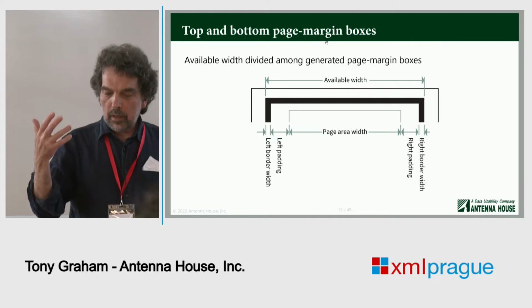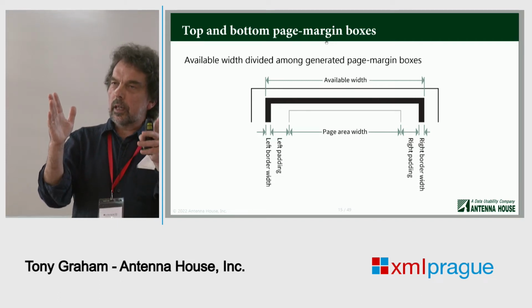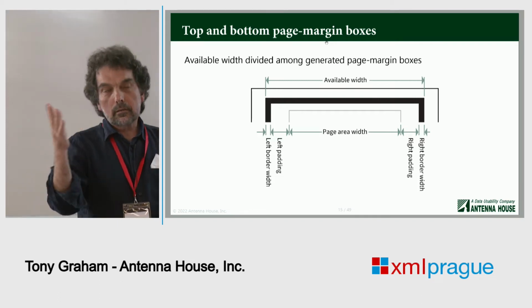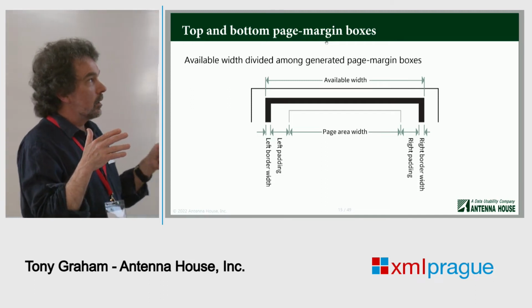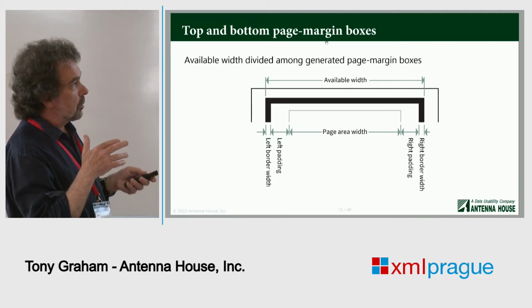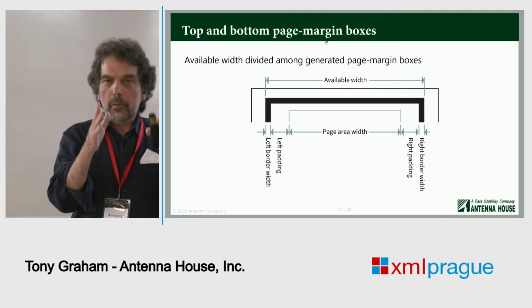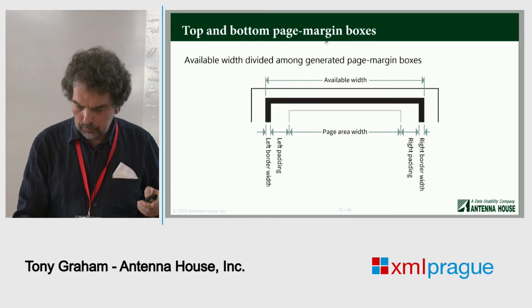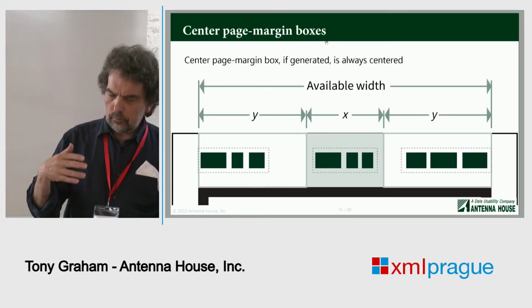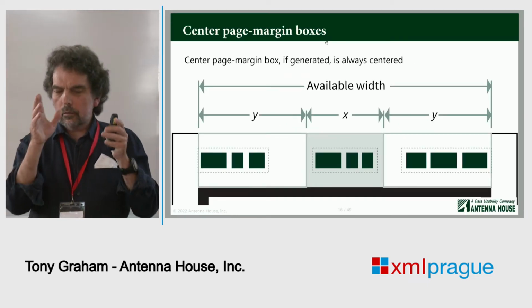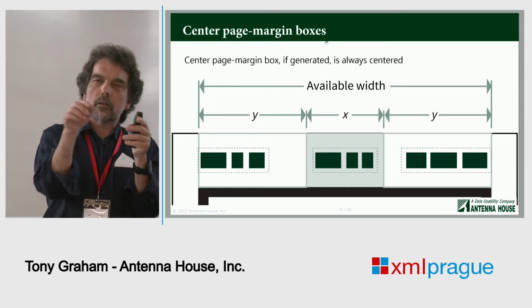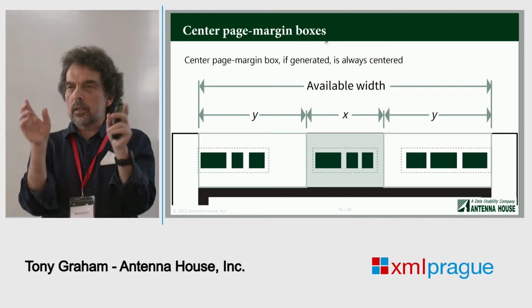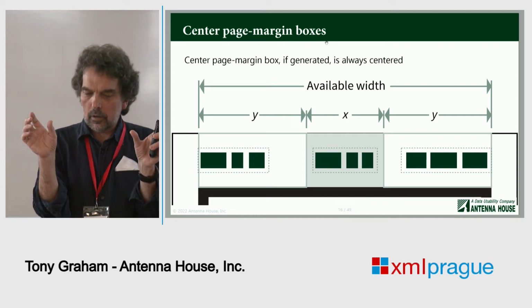In the top and bottom page margin boxes, the available width is the page width less, obviously, the left and right margins. And you can see there the border and padding on the page box itself. In the top and bottom margins, the center box, if you direct content into that, is always centered with equal space on either side.